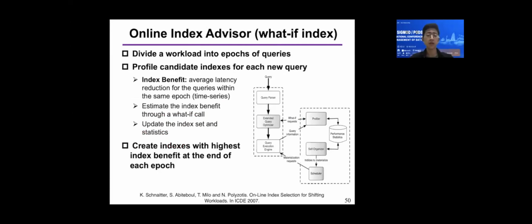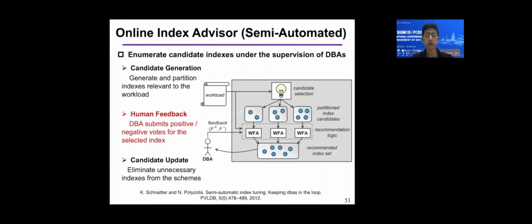However, the what-if-based method is laborious, as it requires human beings to design the what-if calls. So another idea is we just use the DBAs to estimate whether the selected indexes are good or not, and other things are left for the automatic algorithm. So there is a semi-automatic index selection method.